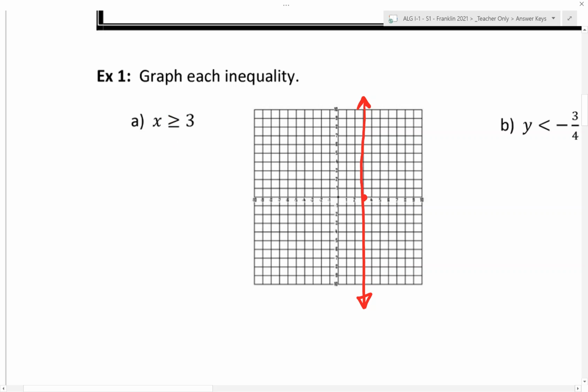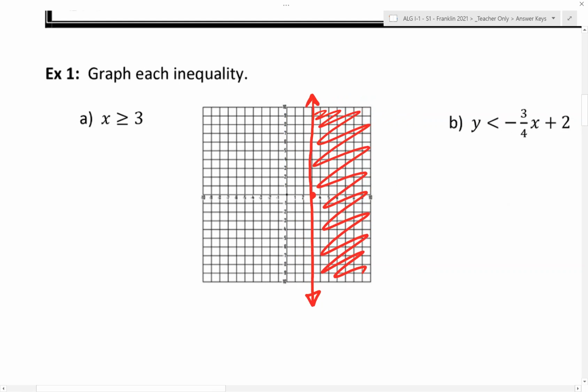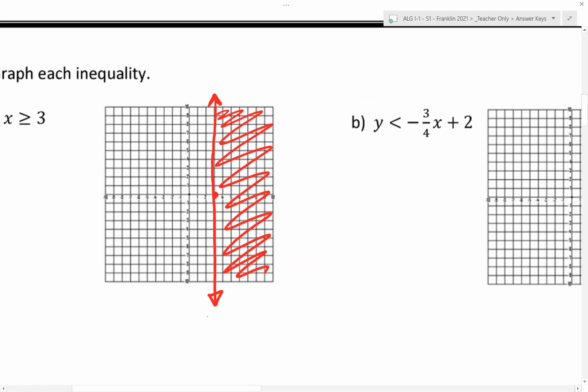So in x, instead of going above and below, because you can't shade above or below a vertical line, we go left or right. And the direction that x increases in is to the right, so we're going to shade right here. So all these points are solutions of the inequality, including the ones on the line, because they make the inequality true as well.